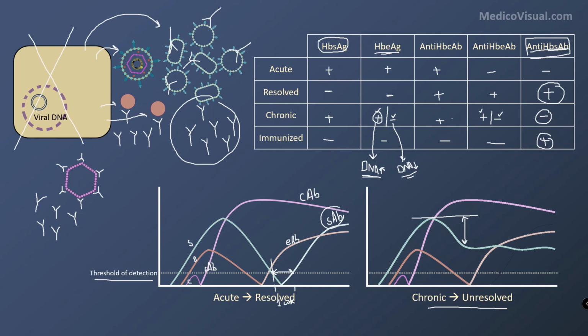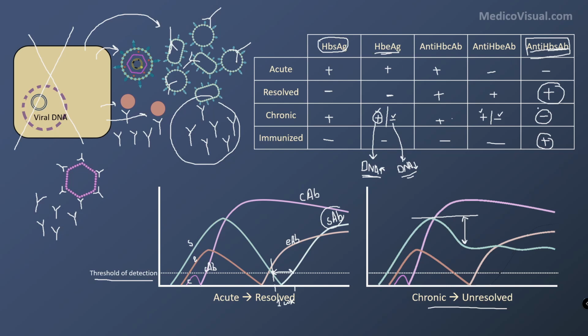So it is very easy and simple to understand what happens in acute infection. In acute infection, surface antibody will not be there. In resolved infection, surface antibody will be there. Clear? Now another difference between acute and chronic cases is the type of antibody.